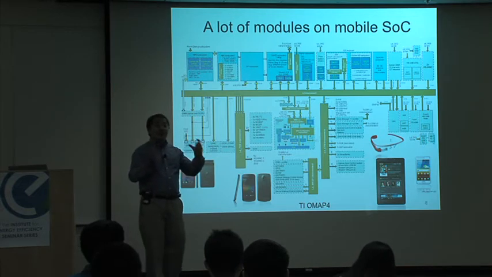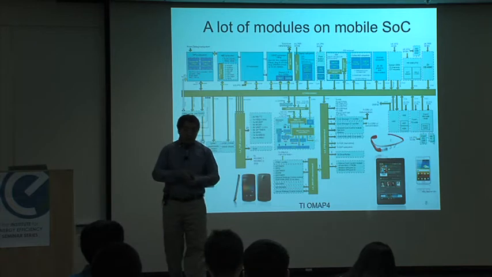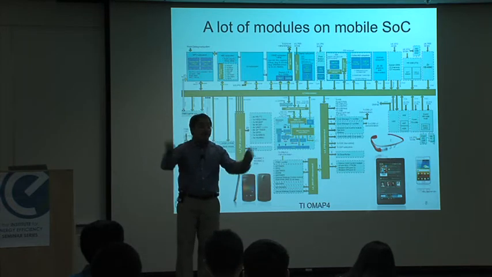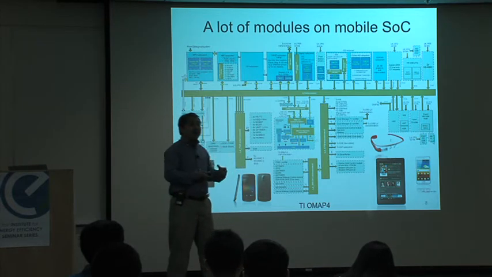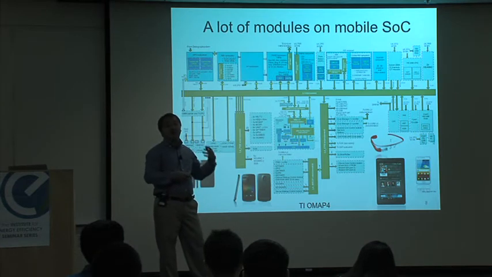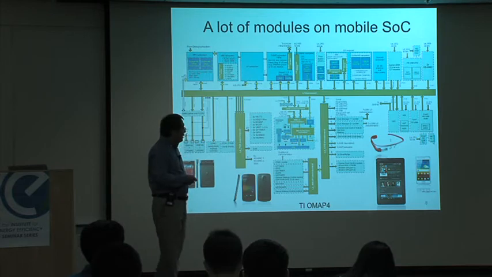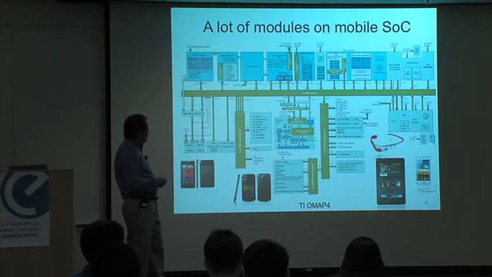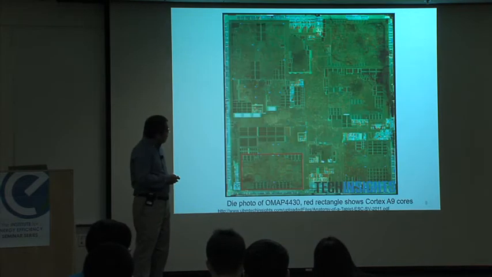So the system on chip is like a Chinese hot pot. Everything you like, you throw into it, right? But most of them are not exposed to third-party programmers. And this is a chip actually used on Google Glass and Galaxy Nexus, and a bunch of other phones.